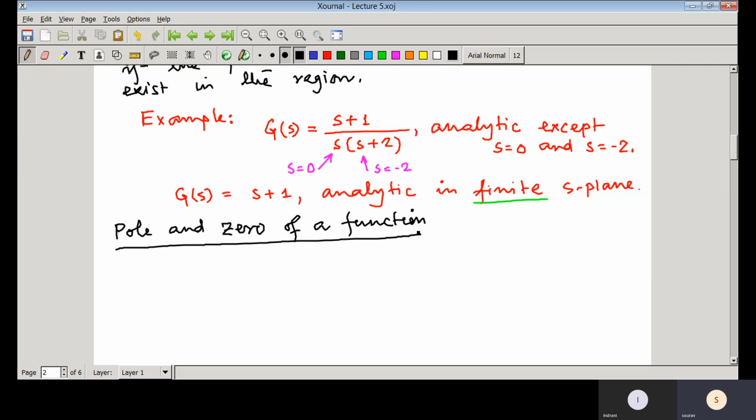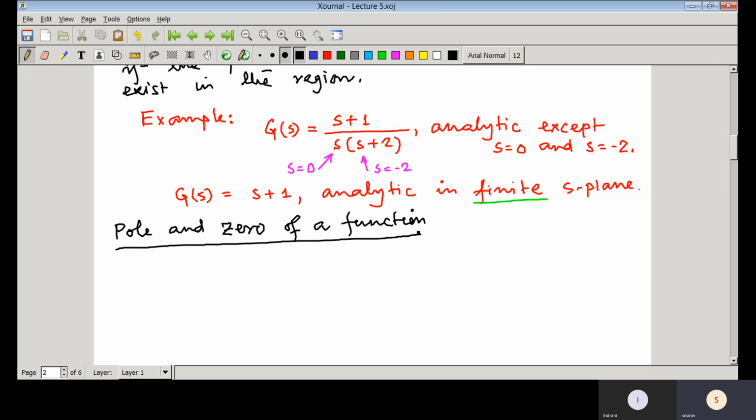If a function, so let a function gs be analytic and single valued in the neighborhood of a point P. So that means if you take a point P in S plane, and if you consider the neighborhood of that P, excluding that point P, and the function is analytic and single valued, then it is said to have a pole of order R at s equal to P if limit s tends to P, s minus P whole to the power R gs is finite and non-zero.